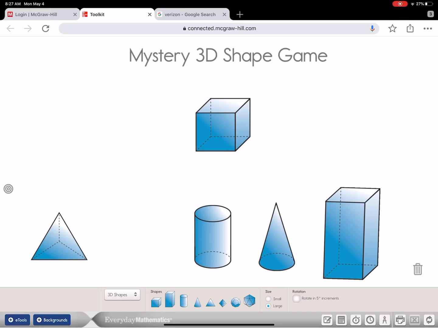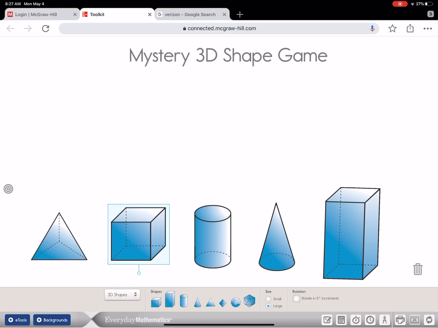It has 8 vertices. Remember, those are the points. 1, 2, 3, 4, 5. Way in the back, 6, 7, 8. Okay, and it has 6 square faces. 1, 2. It's hard for me to click it, but if you count the faces of the squares, there are 6.